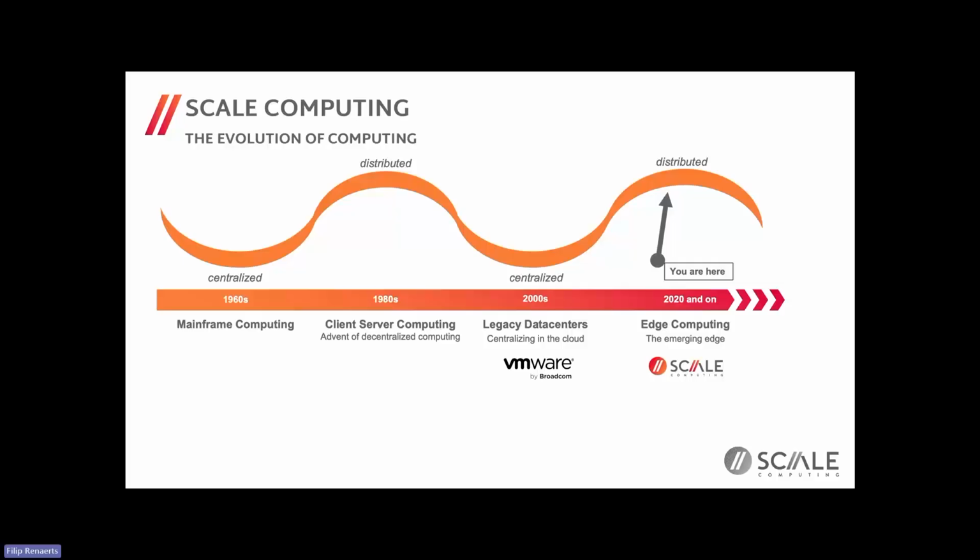In the 2000s, there was a massive growth in cloud computing. Names we often associate with that are Microsoft, Amazon, Google, but the technology behind it often has a VMware associated with it. So they built these big cloud infrastructures.